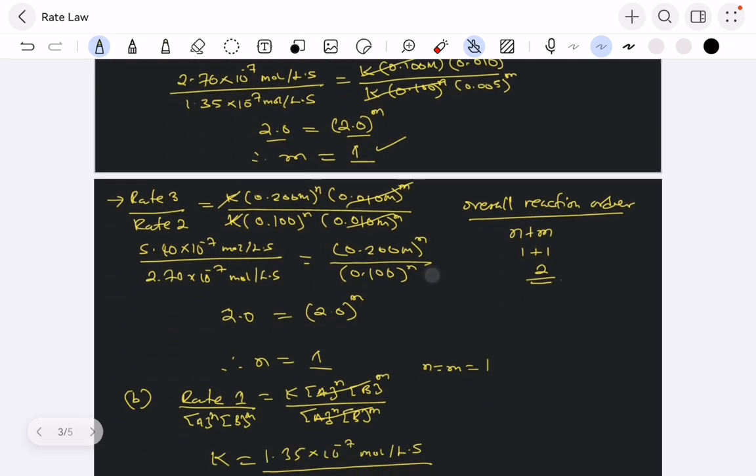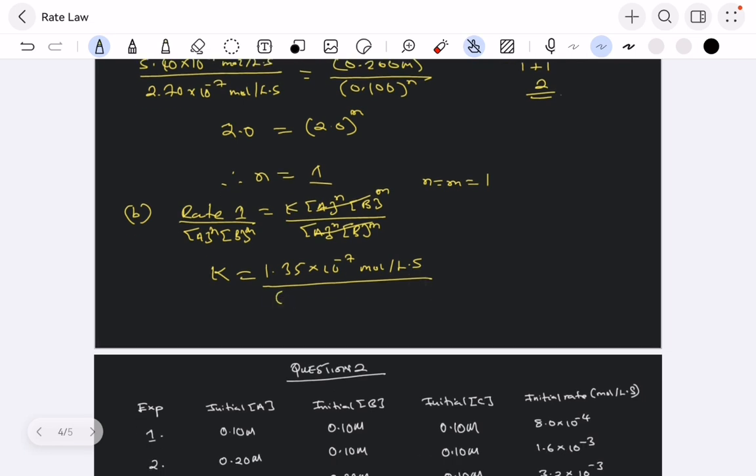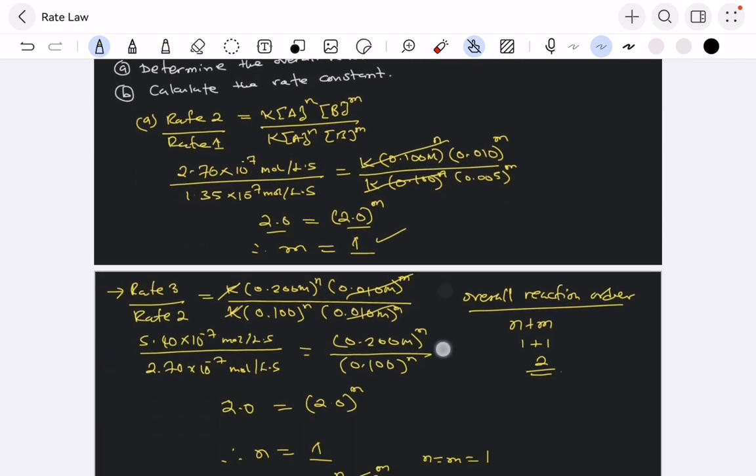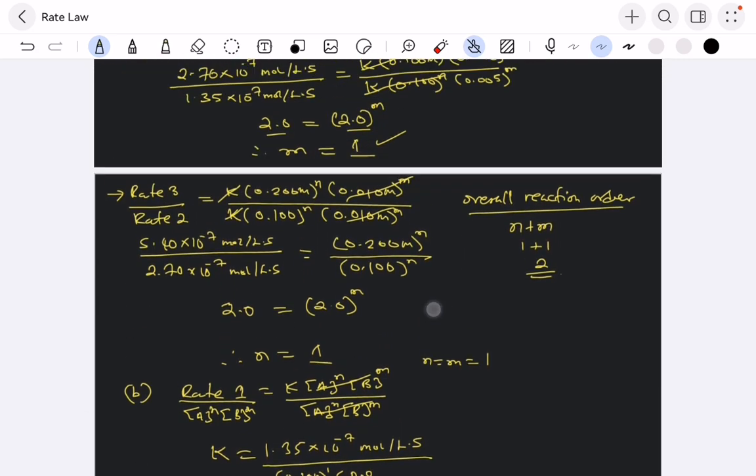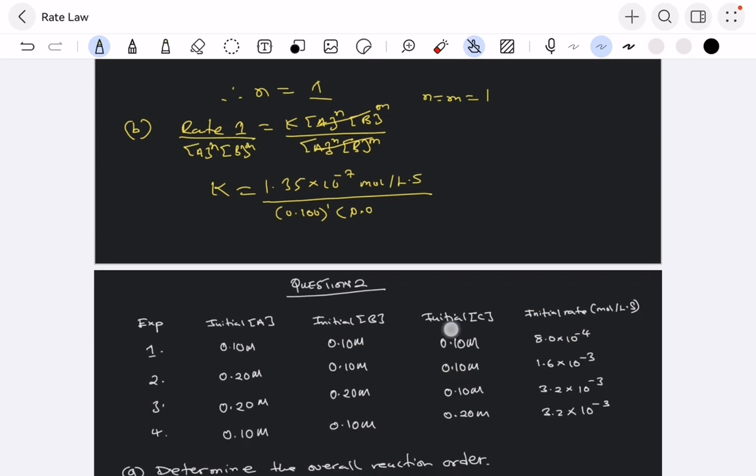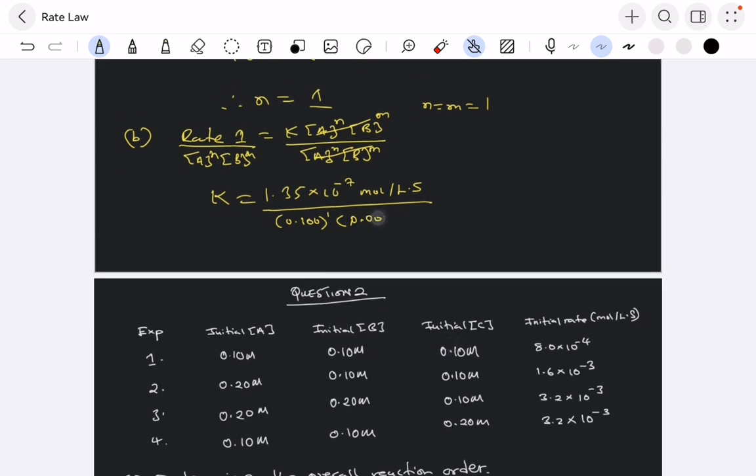Then we key in the concentrations for the first experiment. So our initial here is 0.100, raised to the power 1. Then this one is 0.005, again raised to the power 1.